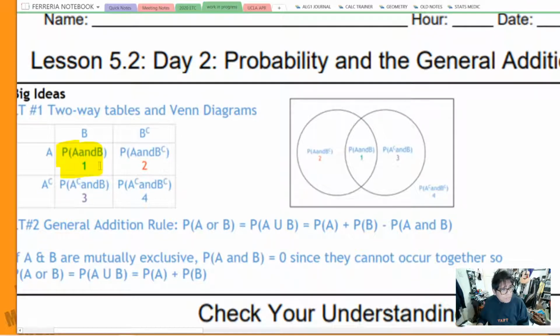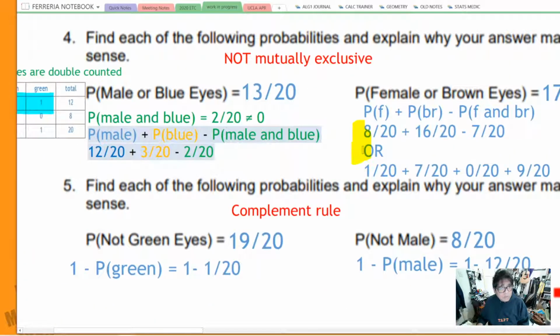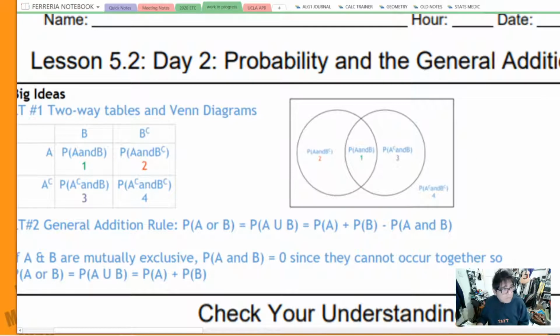This is the probability of A and B, and that corresponds with the center section here.